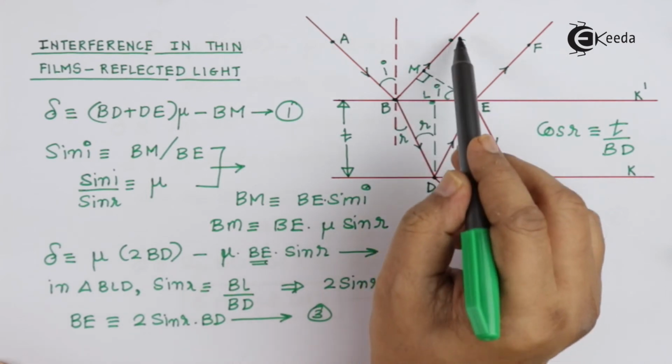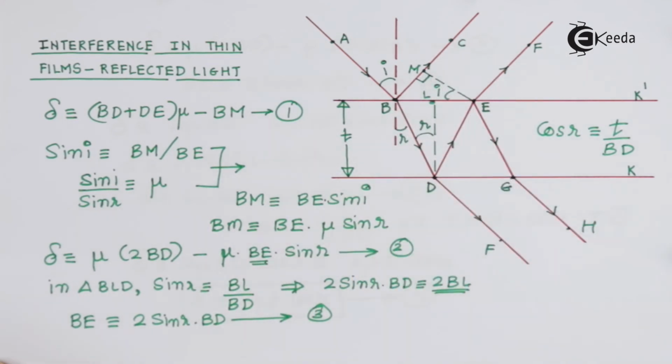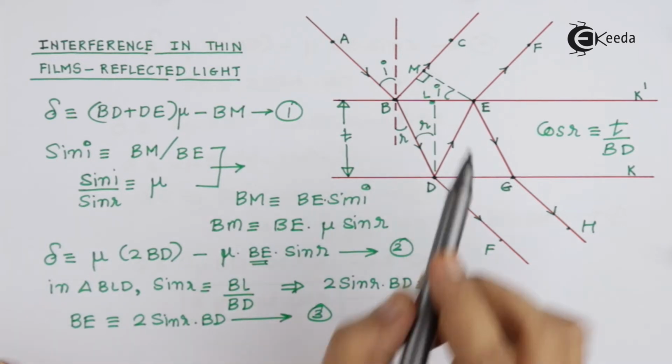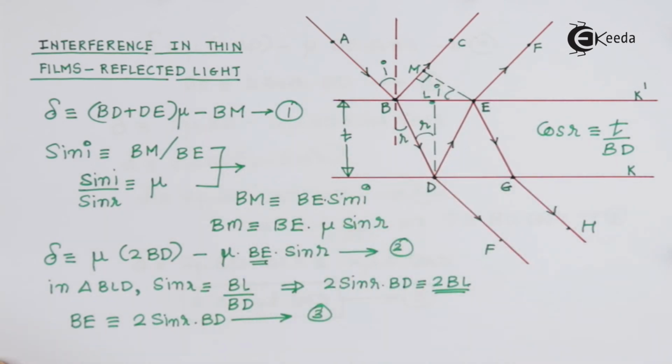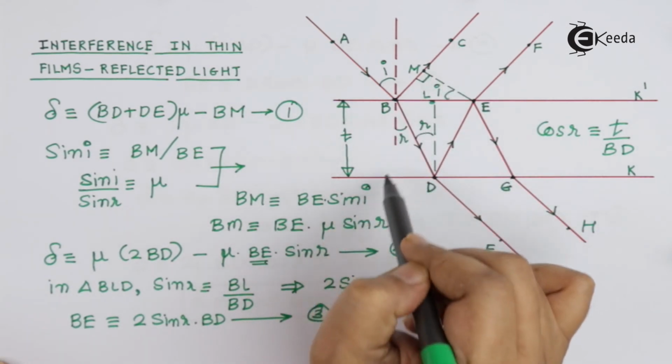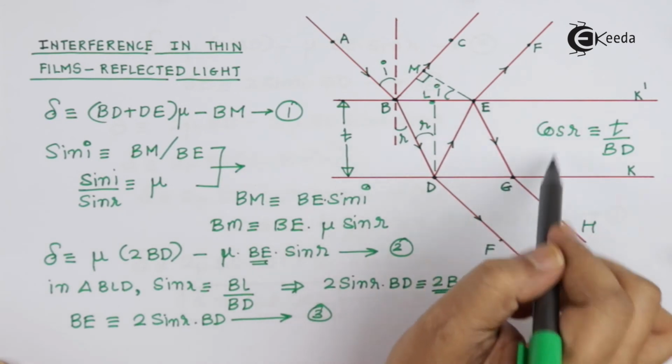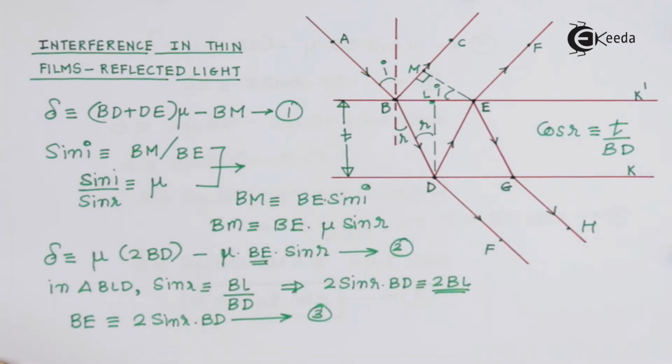You see that these rays BC and EF, for which we are deriving the interference equation, are the reflected rays, and they are getting reflected from the denser medium below, and hence from Stokes' law you have to add an additional parameter of lambda by 2.